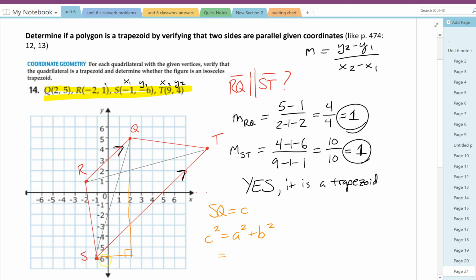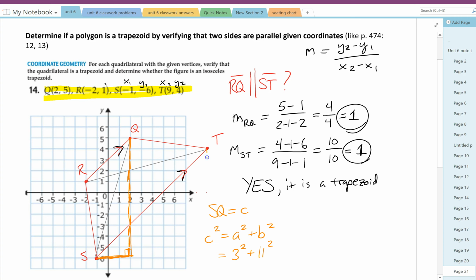I'll call this side A, and how long is this line? Well, it's 1, 2, 3 units long. And B is going to be a lot longer. 1, 2, 3, 4, 5, 6, 7, 8, 9, 10, 11. And I'm going to stop there for now, and I'm going to start working on the length of RT, and you'll see why in a second.